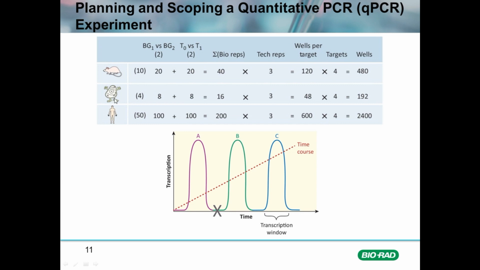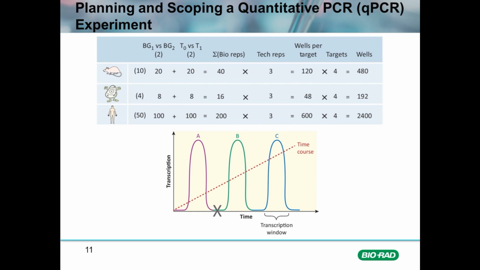Working with cells requires fewer biological replicates per treatment group and per time point. And the total becomes a smaller number, approximately 2 plates in this particular example. Human samples are the most difficult to work with because it's very challenging to achieve reproducible tissue extraction and treatments with humans.